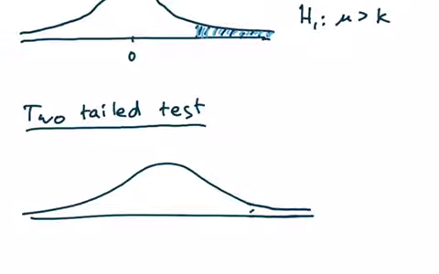Doesn't have to be perfect. All right, so here we have k, and that's the middle of this distribution, okay? And on this side over here, and this side over here, we have our rejection region.